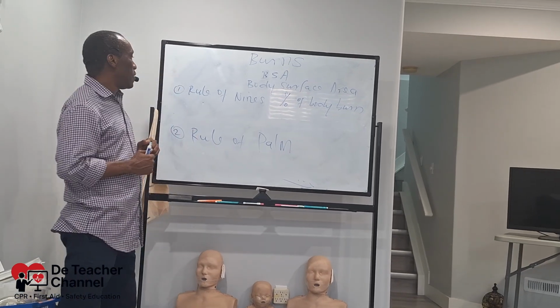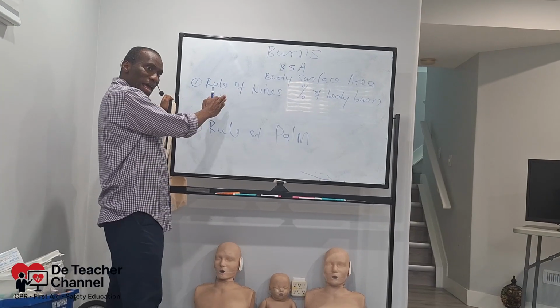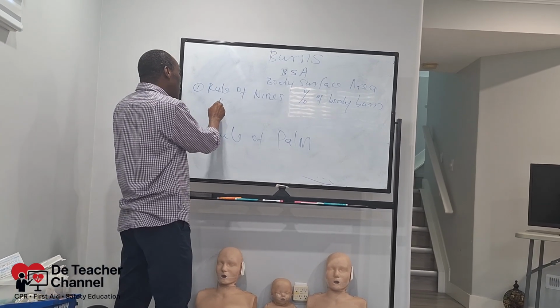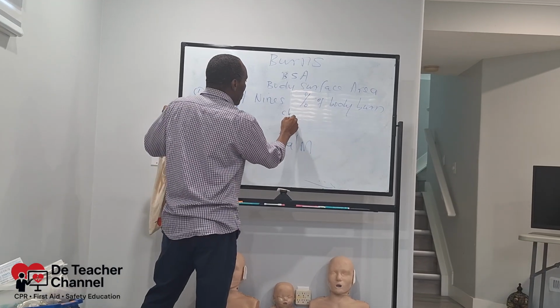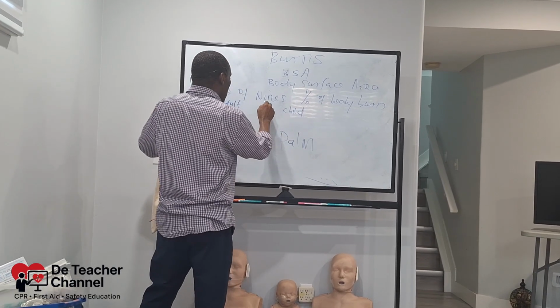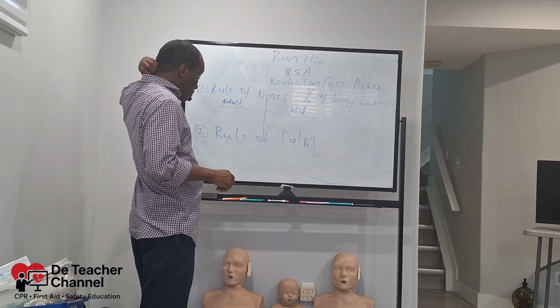Okay? So, rule of nines, you have adult, you have child or children or young people.